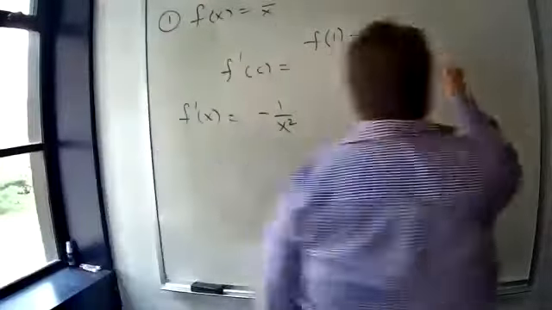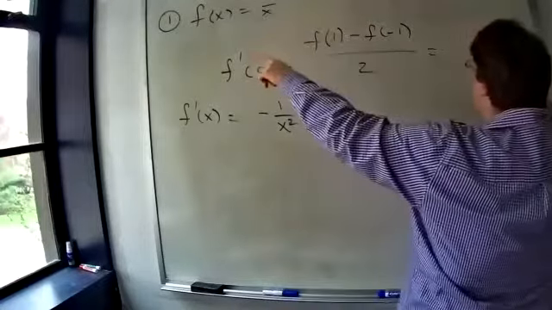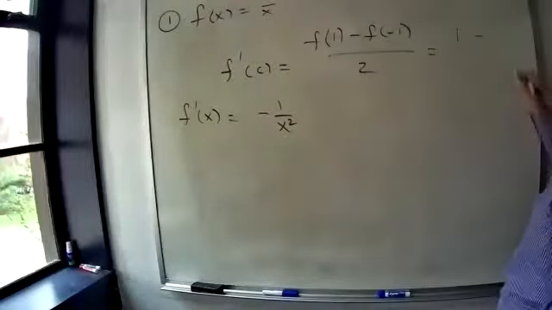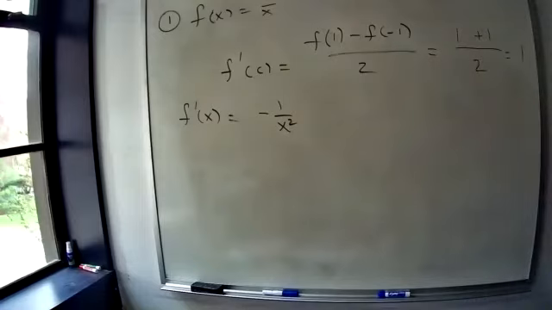What is this number? Well, f of 1 is 1 minus f of -1. F of -1 is -1. So we're trying to show that there's no value c where f prime of c equals +1.